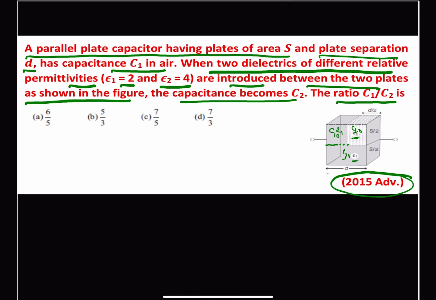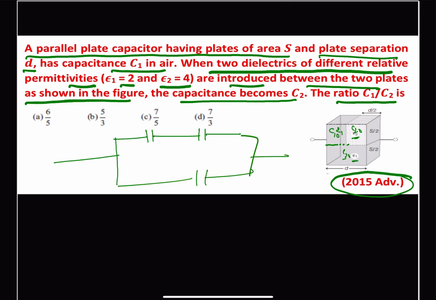So we can just draw the equivalent for that. This is the equivalent circuit. So this is our C10, this is our C20, and this is our C30. So here C10 and C20 are in series, and that combination is parallel with C30.